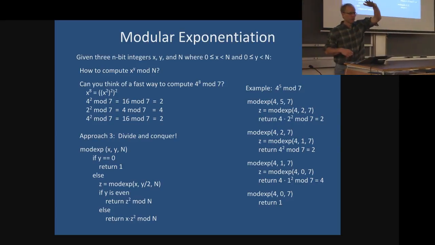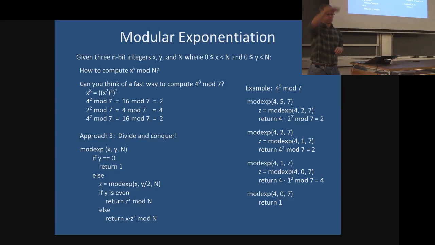So we do n steps. At each step we're doing 1 or 2 multiplications and a division. We'll call that n squared. So it's an n cubed algorithm: an n squared operation at each level, where n is the number of bits in these numbers. Basically, little n is log big N, and with n levels, it's an n cubed algorithm.